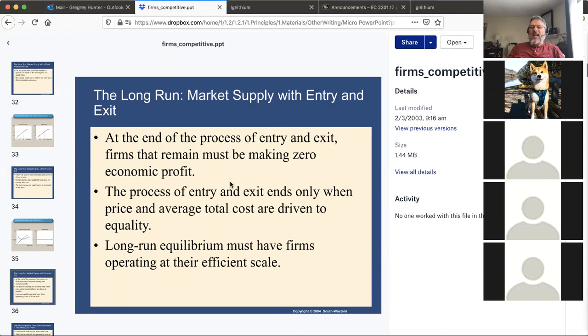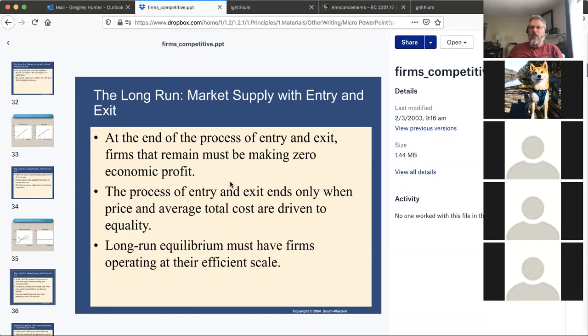Now, I tried to tell you guys before that zero profit sounds like a bad thing, but it's really not, because remember, it's your revenue minus your total economic costs. And remember, your economic costs aren't just the cost of labor and materials, but they include a normal rate of return.